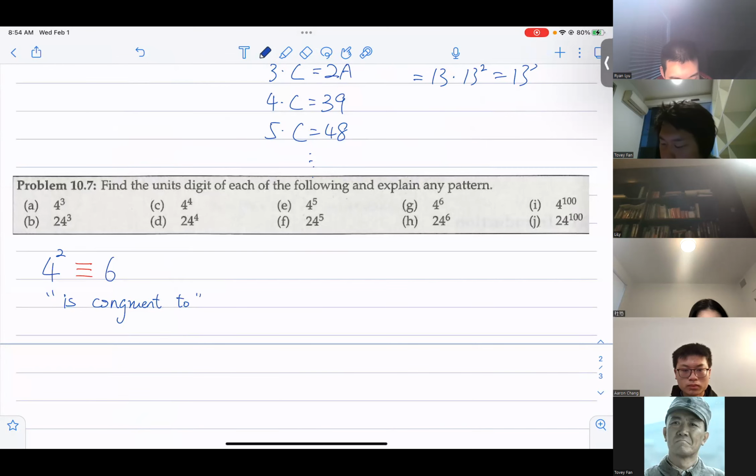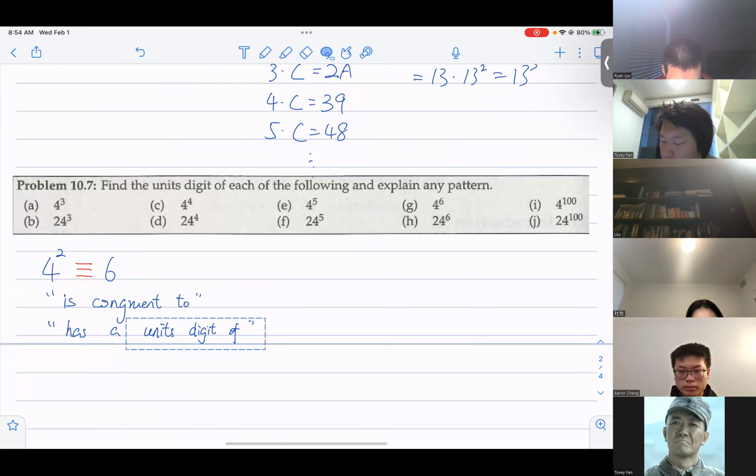Or you could simply say has a unit digit of, right? Okay, so we say 4 squared is congruent to 6. And 4 squared has a unit digit of 6. Whatever. Make sense?